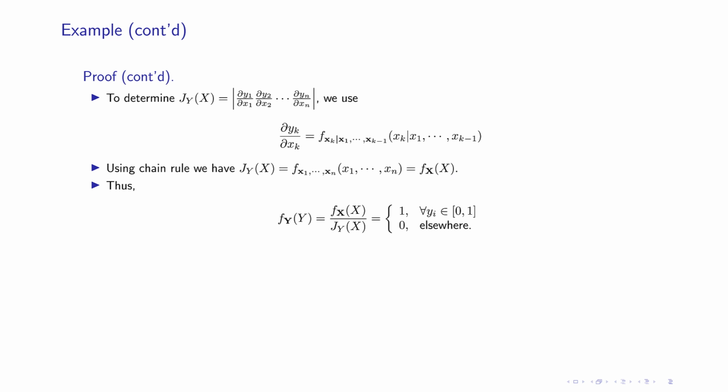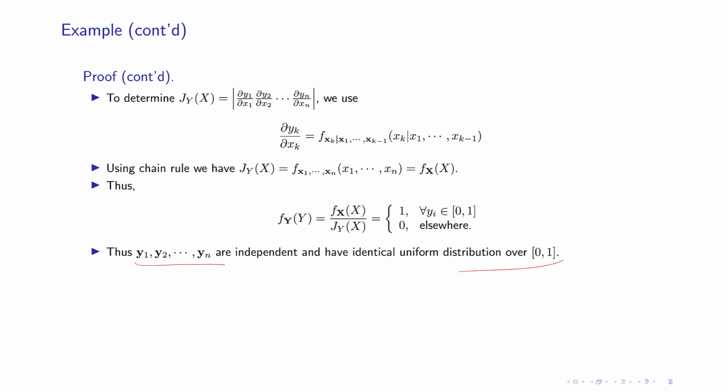And then the PDF of y is equal to this divided by the Jacobian. This divided by itself is equal to 1, when all yi's are in this interval. So in other words, these random variables are independent and have identical uniform distribution over this interval.